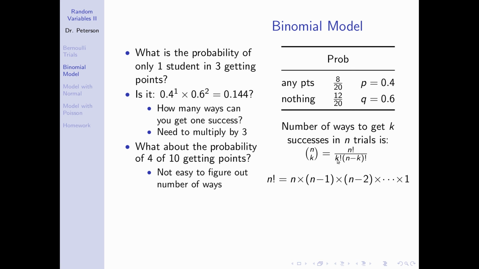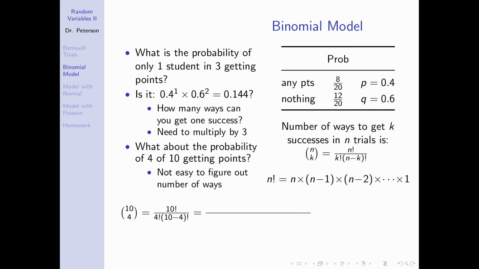We're going to do the same thing for k, and the same thing in this whole set. Here our n is our total number of trials, and k is our total number of successes. So in our example, if we want to say 10 choose 4, we're going to take 10 factorial divided by 4 factorial times 10 minus 4 factorial, which is 6 factorial.